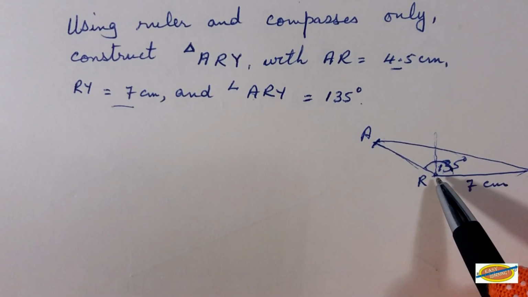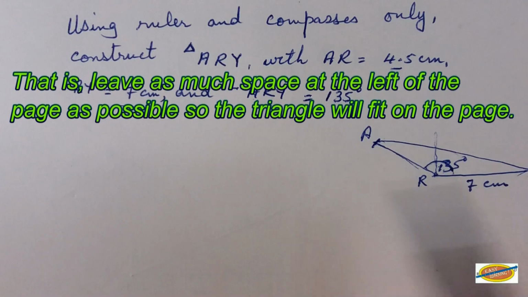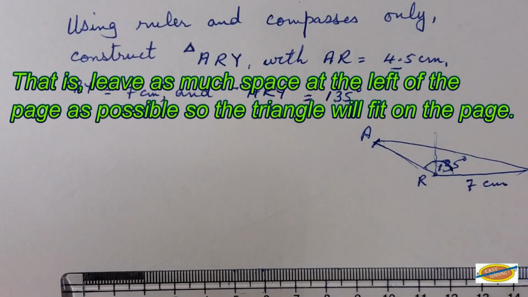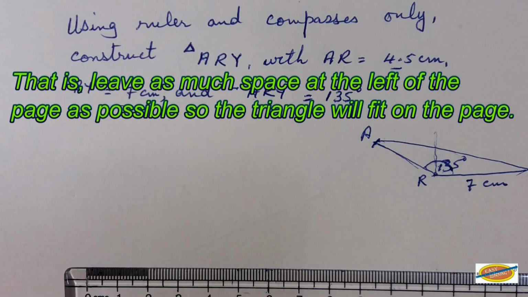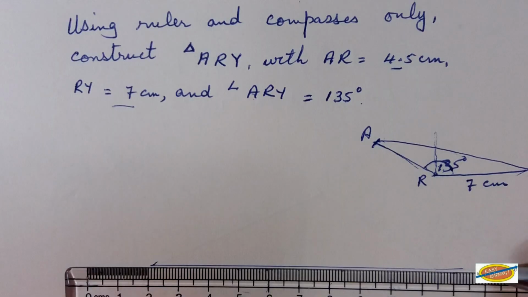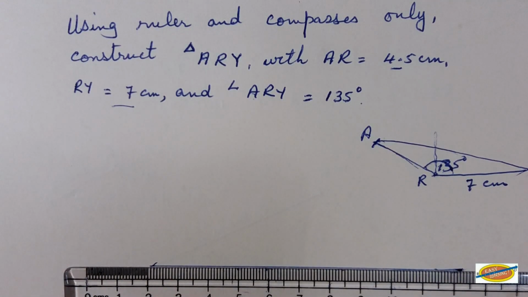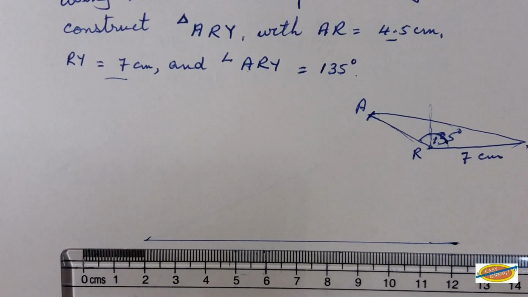Now, obviously, because this triangle extends this way, we can't start at the end of the page. So we need to start approximately somewhere here towards this end of the page. We are going to construct the base, which is 7 centimeters.